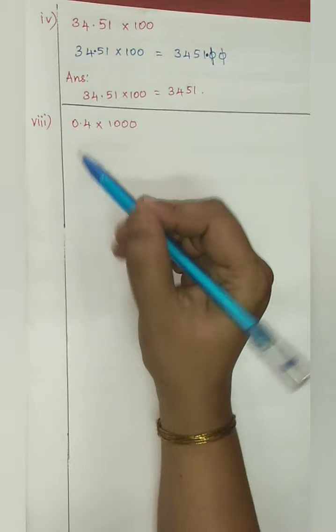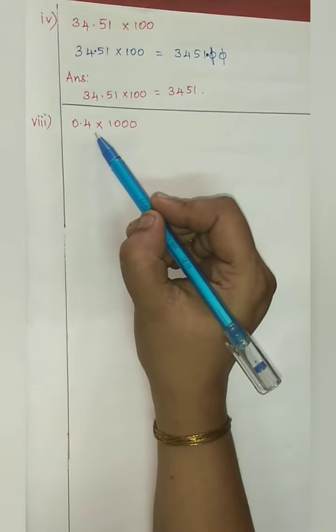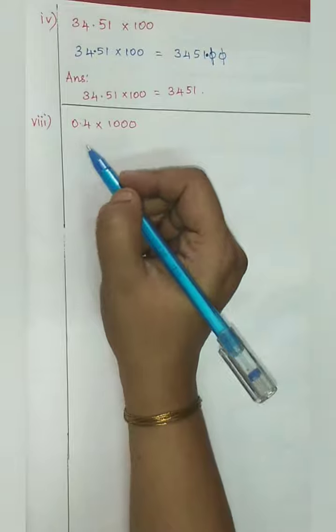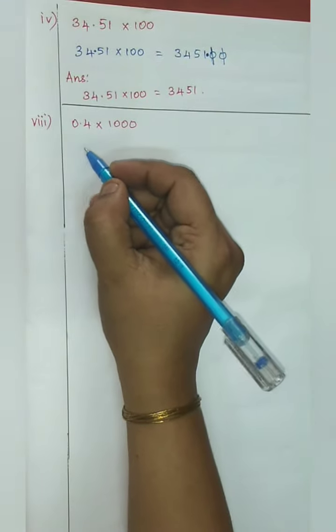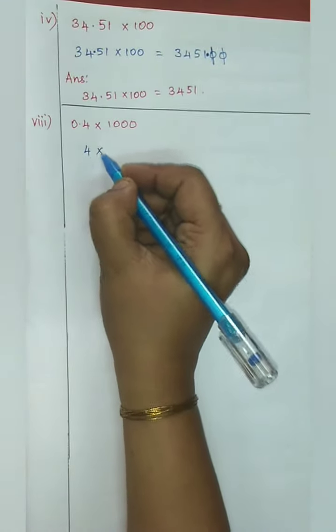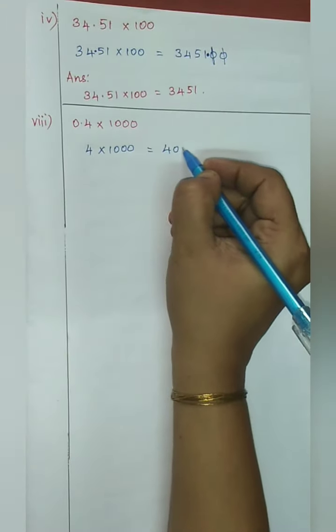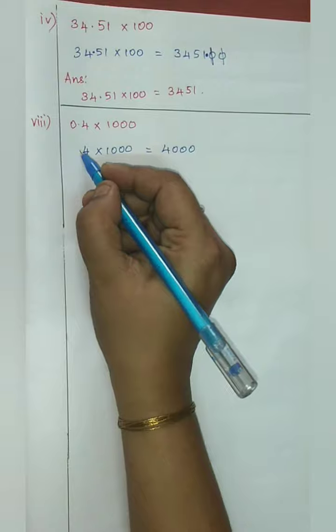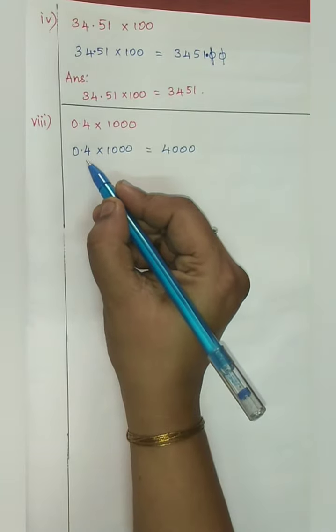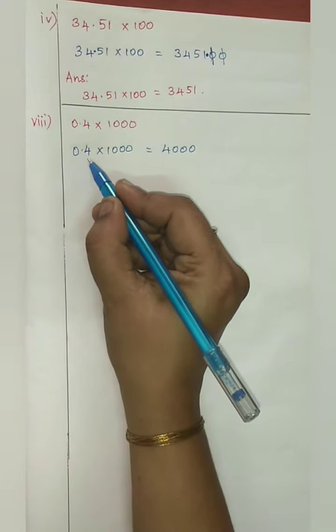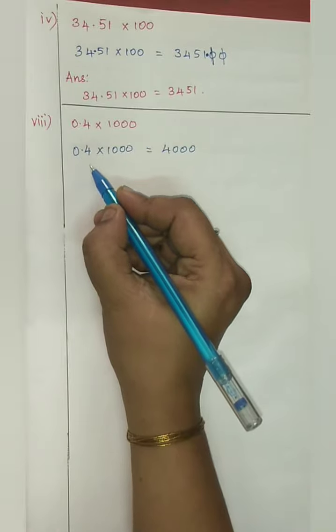So the answer is 3451. Fifth subdivision, 0.4 into 1000. Next step, write the first number without the decimal point. 4 into 1000, we know that is 4000. Now place the decimal point. So how many decimal places does the first decimal number have? It has 1 decimal place.